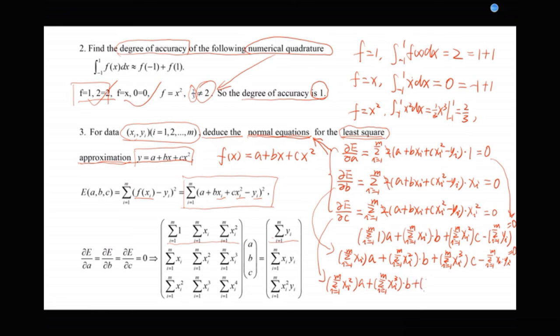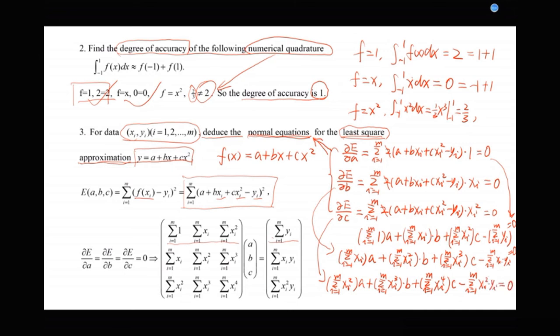Plus sigma i from 1 to m of xi to the power 4, multiplied by c. Minus sigma i from 1 to m of xi squared multiplied by yi.